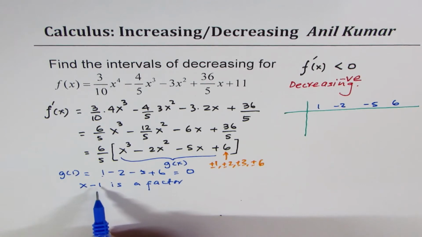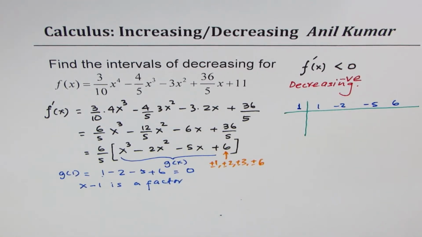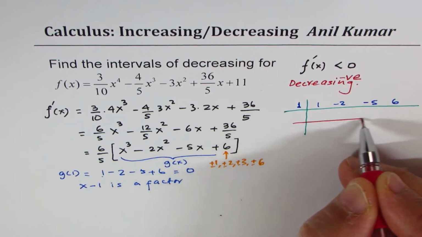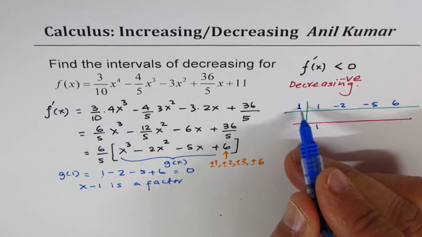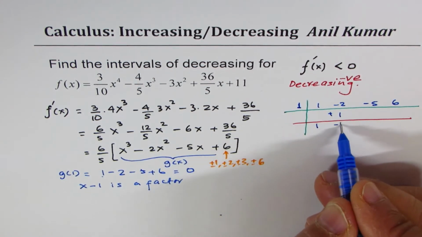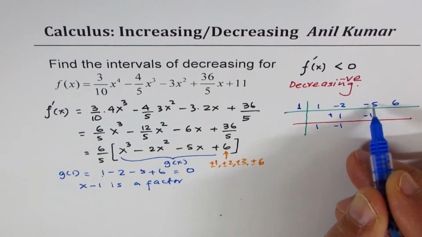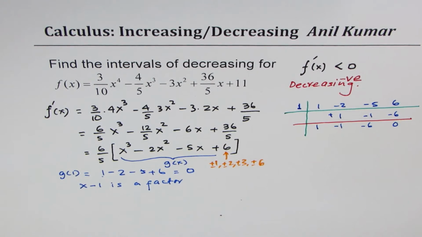X minus 1 is a factor. 1 gives us 0, so we'll write 1 here and then divide. Bring down the first term, the leading coefficient, multiply, write down, add. So when you add, you get minus 1. Multiply, add minus 6, multiply and add. So you get 0 as expected as the remainder.